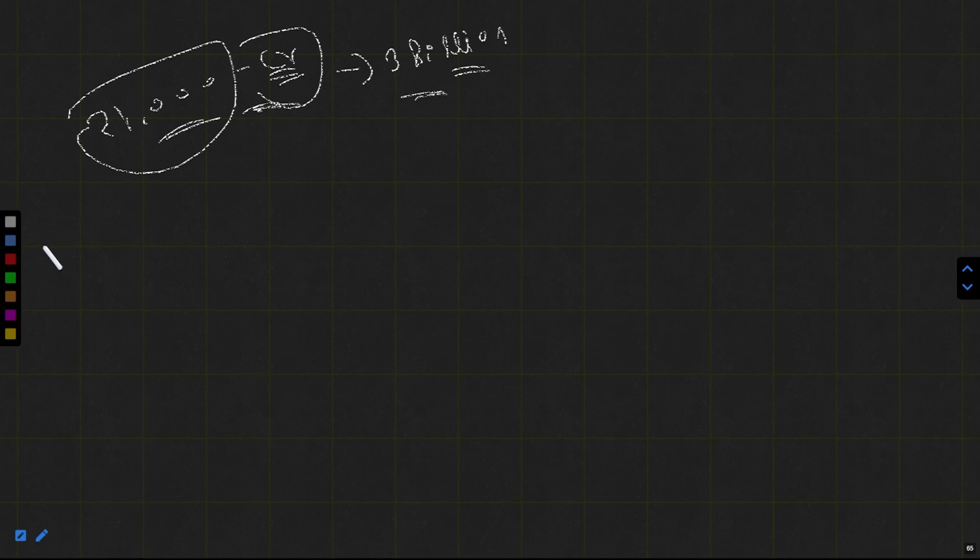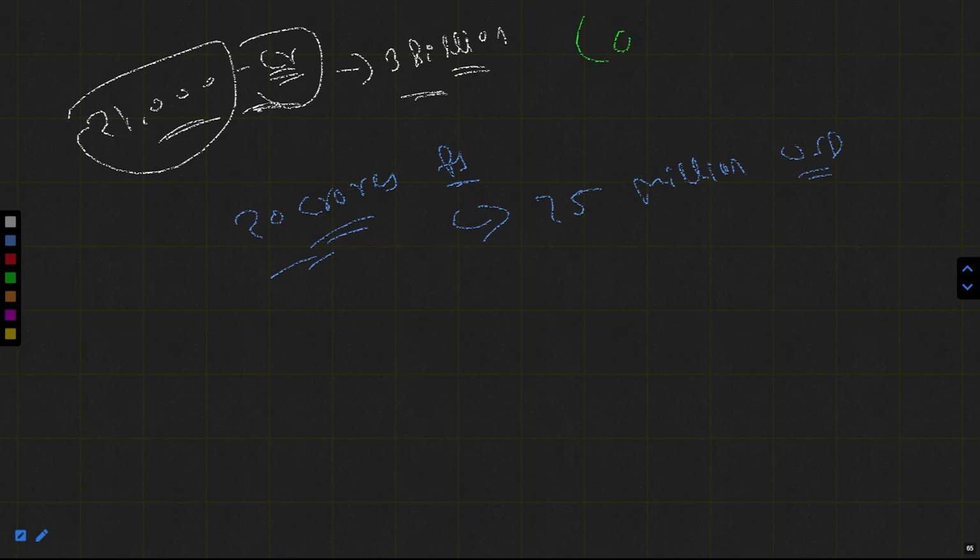Okay, but 20 crores rupees is basically the 25 million US dollars. And please remember, these are not the accurate values but are the approx values, because I'm not your math teacher. Okay, so remember this thing.